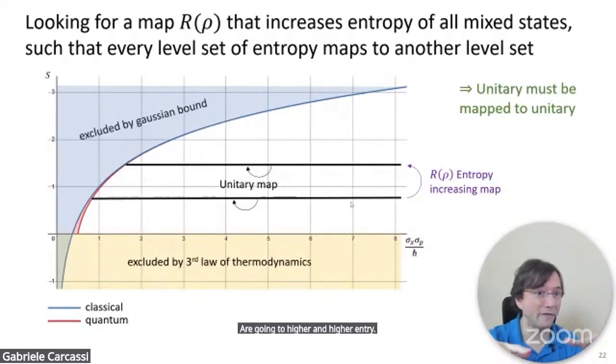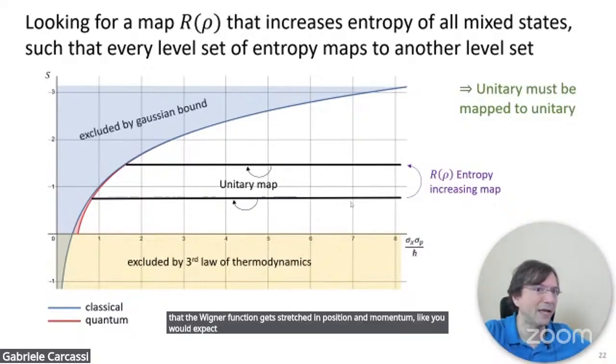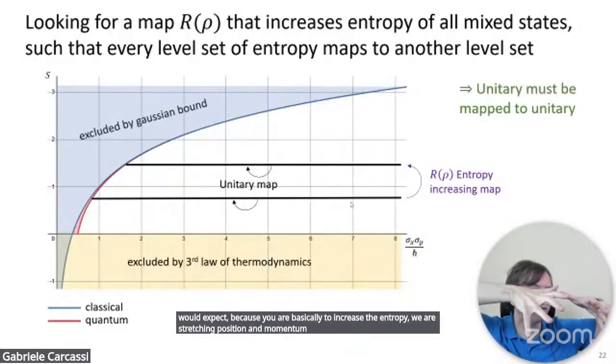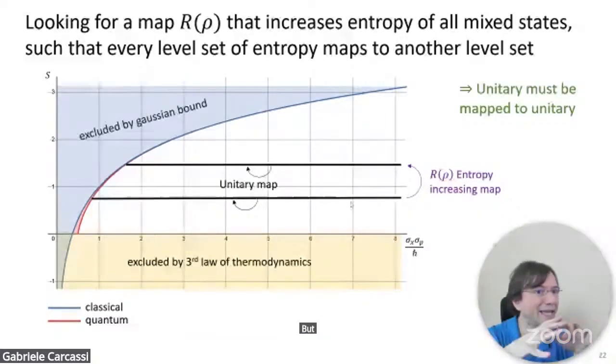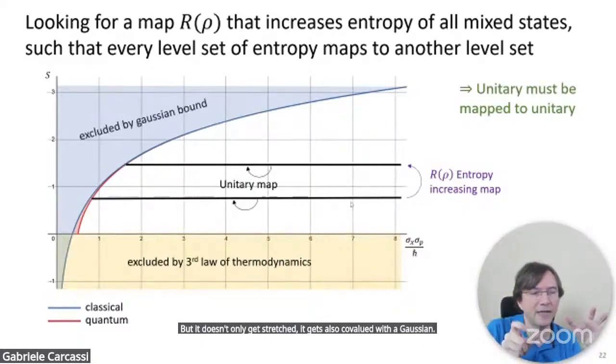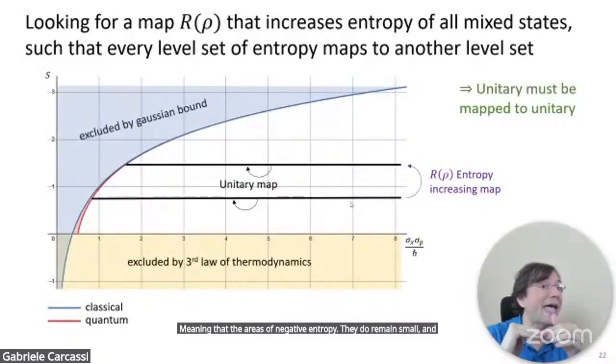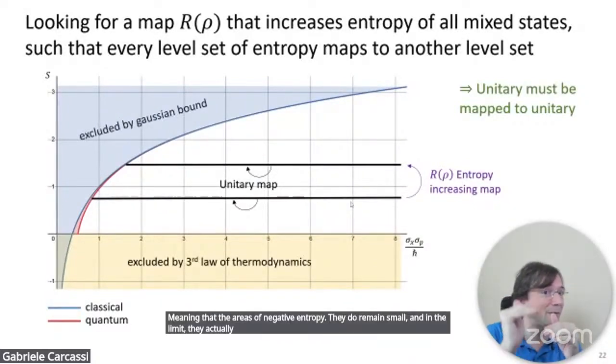What happens to the Wigner function is that it gets stretched in position and momentum, like you would expect, because to increase the entropy, we're stretching position and momentum and making these distributions more and more spread. But it doesn't only get stretched, it also gets convolved with a Gaussian, meaning that the areas of negative probability do remain small, and in the limit, they actually become non-negative.